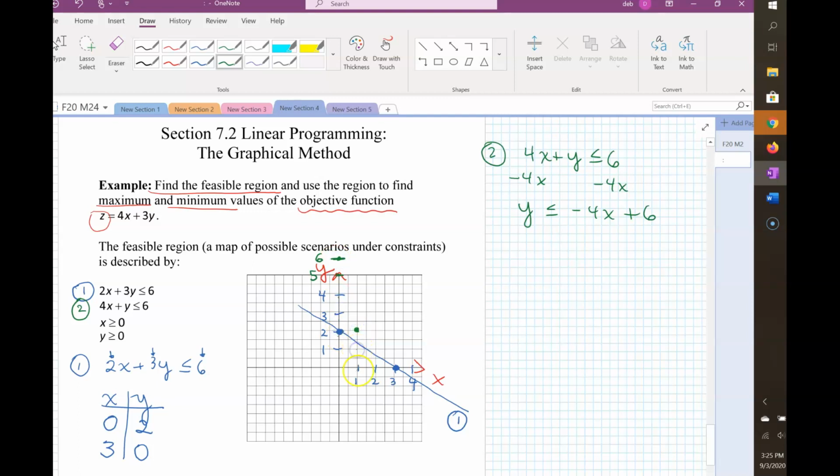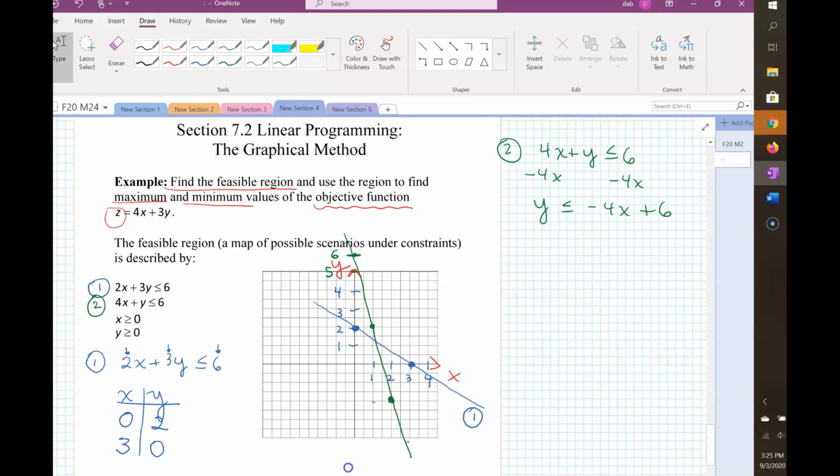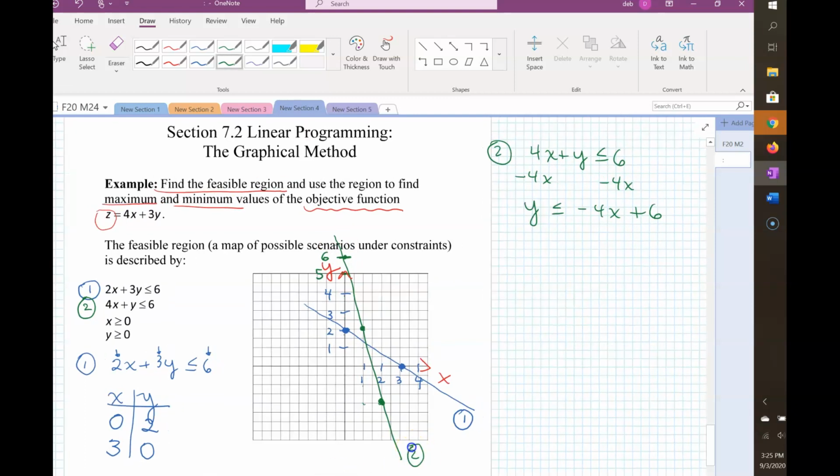So that's my second line. And you're going to use a straight edge. Any kind of straight edge will do. A ruler is great, but it can be just a piece of cardboard. It's fine. And there's my second line.